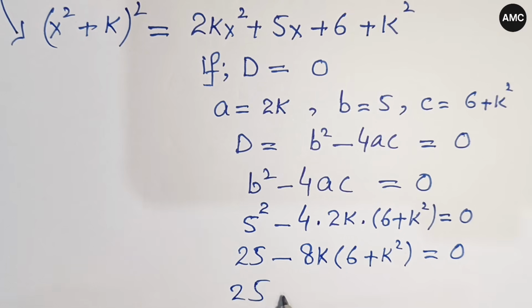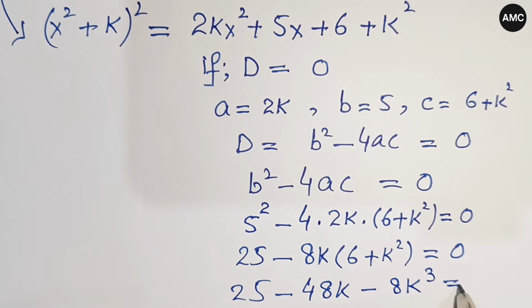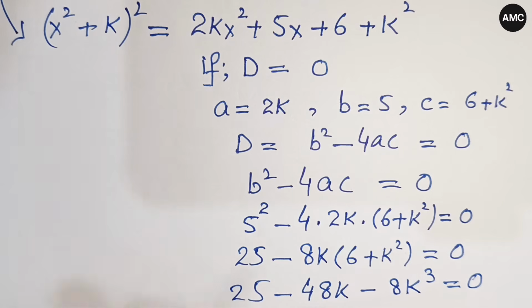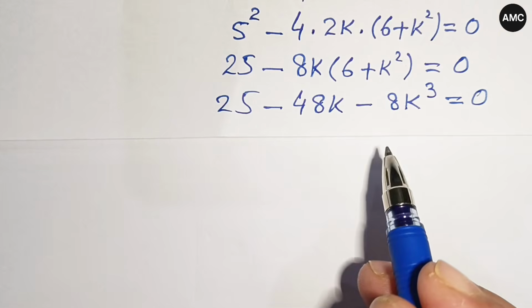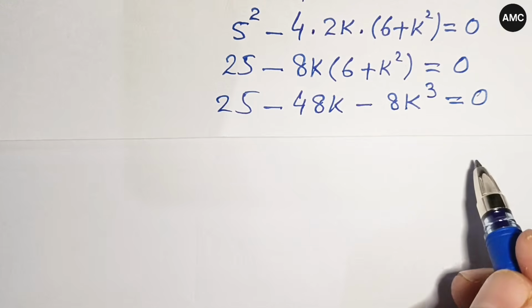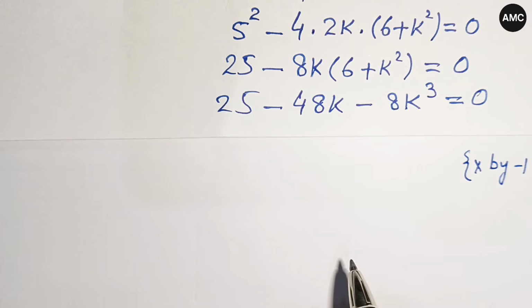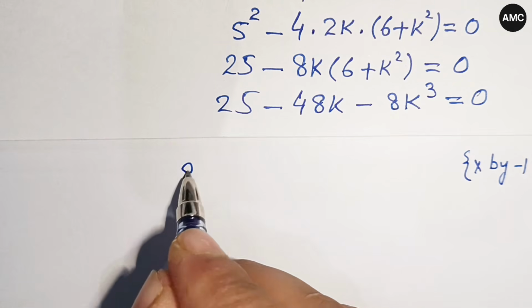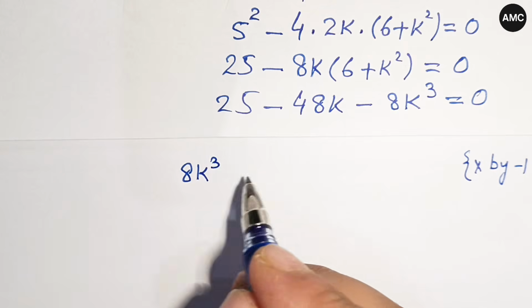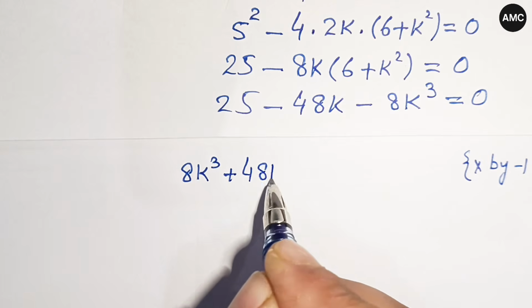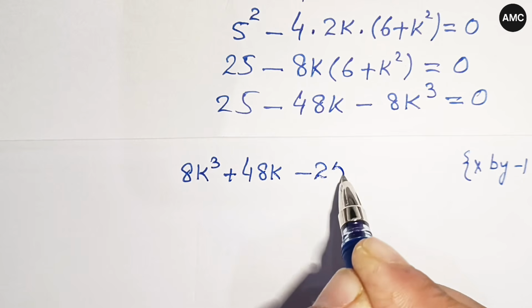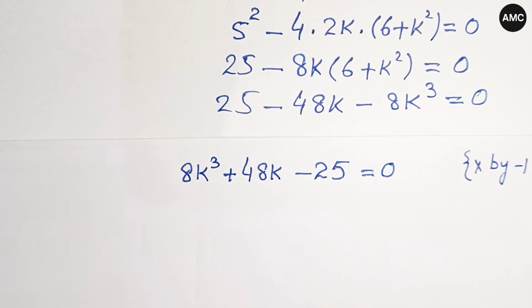Now 25, multiplying 8k into the parentheses, 8 times 6 is 48k, minus times plus is minus, 8k cubed, equal to 0. Our next step is to multiply by minus 1 on both sides. Then, rearranging, we have 8k cubed plus 48k minus 25 is equal to 0.